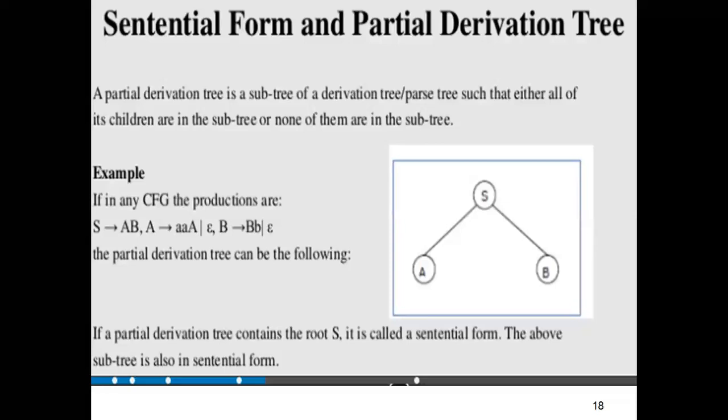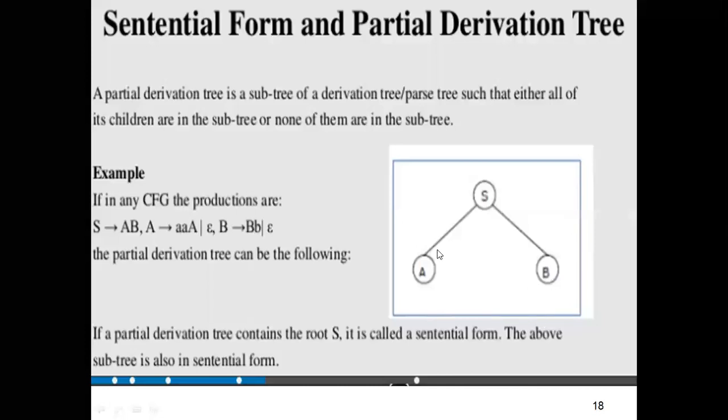If in any context free grammar the productions are, and here I have three productions, for S, A and B, and S has one rule, A has two rules, and B has two rules. And here what the partial derivation tree can be, see, the partial derivation can be, first I need to start with the starting symbol of my given grammar, S. S yields two children, A and B, and then I need to show what A is yielding, and then after I need to show what B is going to yield.